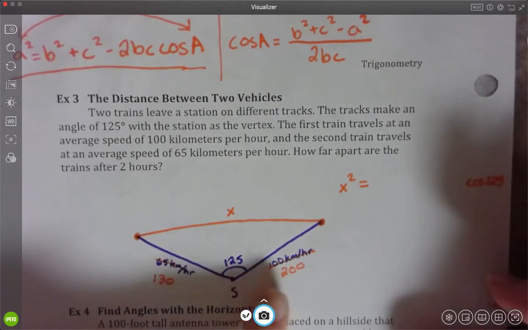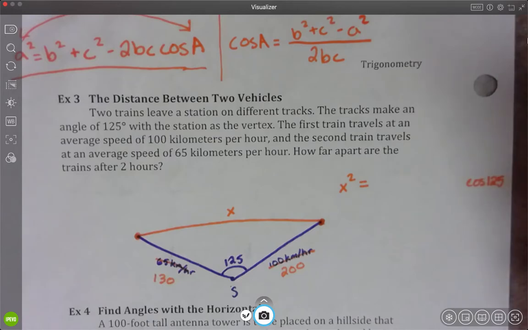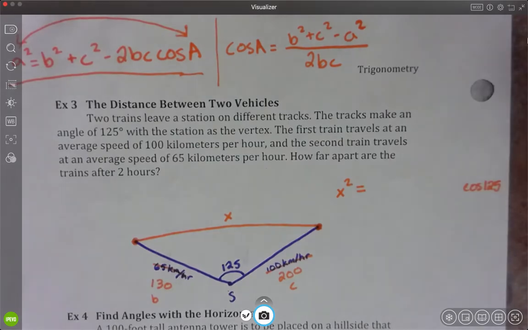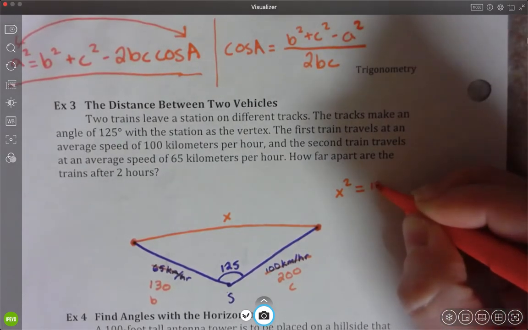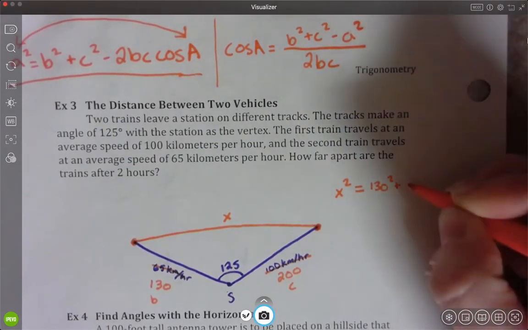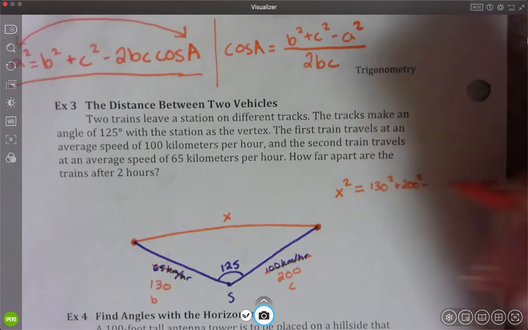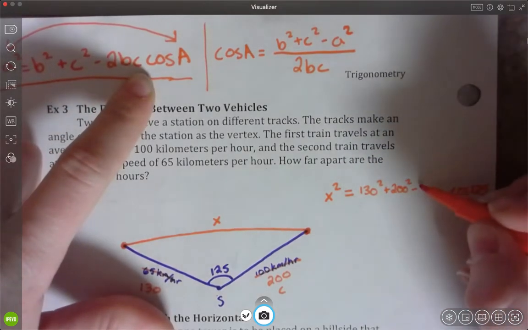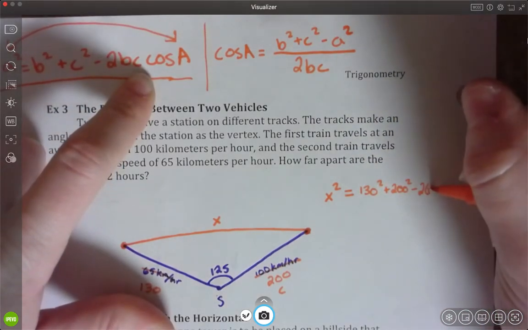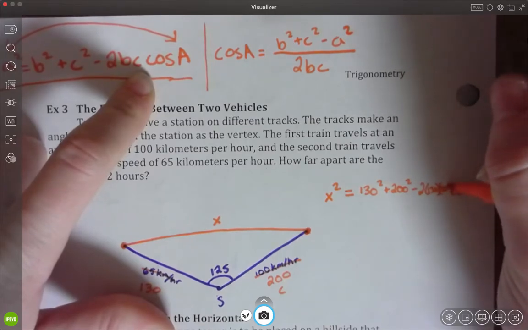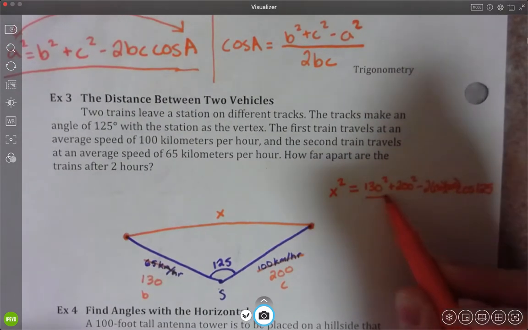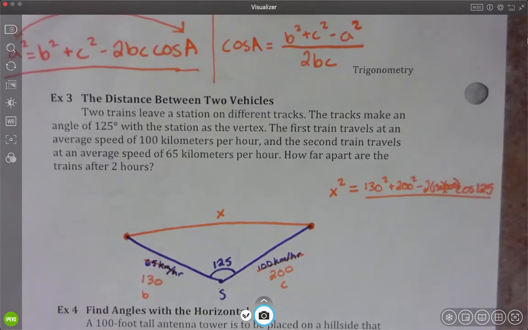It does not matter which one we call B and C, so let's just refer to this one as B, this one as C. So this is going to be 130 squared plus 200 squared minus, and then we have in the equation 2 times B times C, 2 times 130 times 200, and that's what cosine of 125 is. I'm going to plug this all into my calculator. If you need to do it in pieces, go ahead and do that.